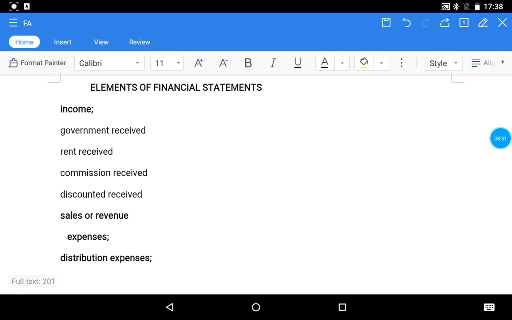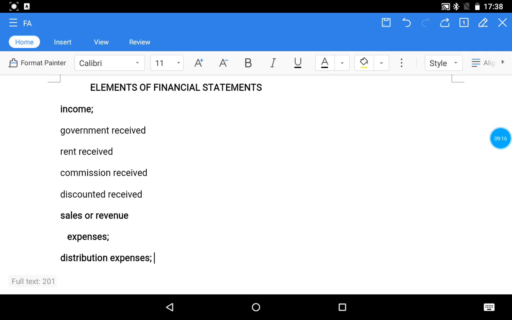So under distribution expenses, we shall specifically mention things that lie under distribution. When you give a customer a discount, it is your expense, because you are reducing your profit on the car.